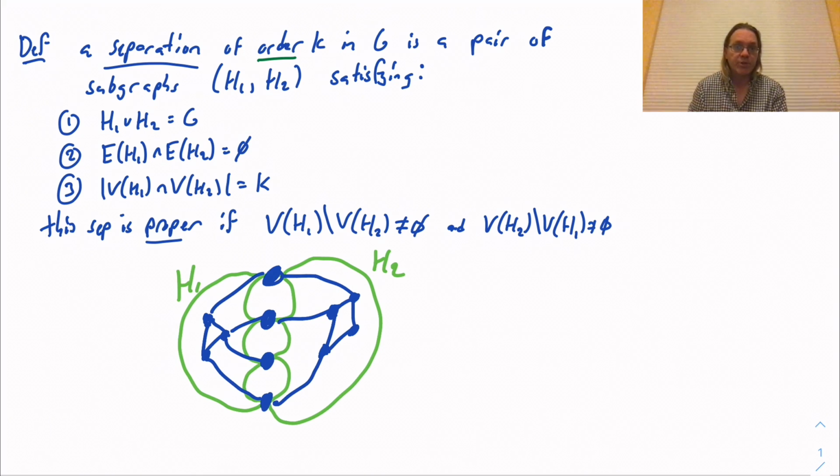And if you have a separation of order k, that means you're going to have k vertices shared between the two bags. And I'll remind you, we've seen a couple of nice observations already. For instance, a graph is disconnected if and only if there's a proper separation of order 0. I remind you here again that proper means there's a vertex on the left but not the right, and one on the right but not on the left.